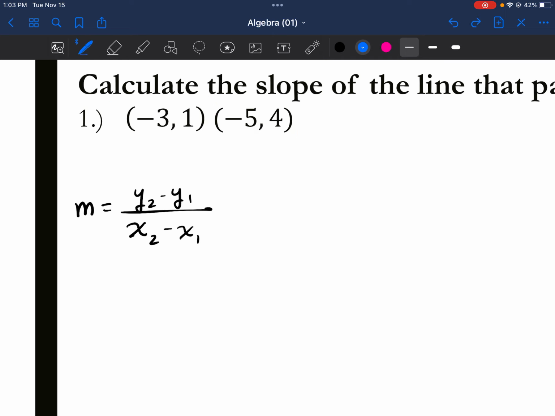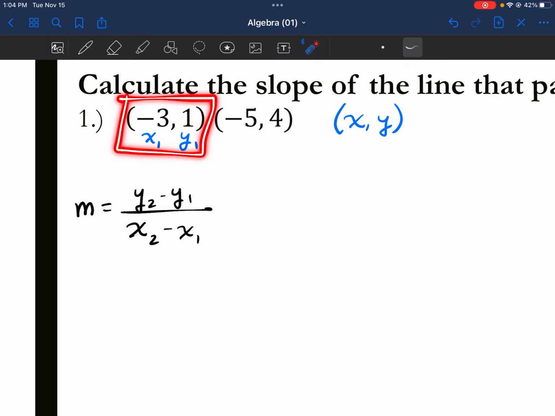All points are x comma y, right? We know this, all points. But which one is an x and which one's the y? There's 2 different numbers. We don't know which one it is. So instead we have these little footnotes. So this is x1 and y1 because both of these are part of the first point.